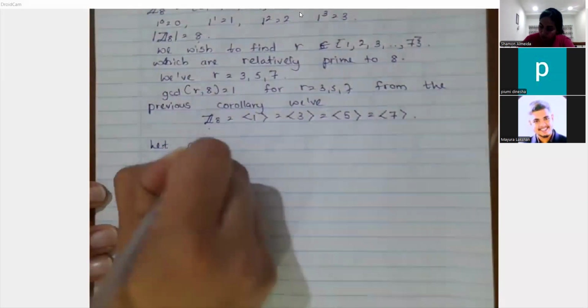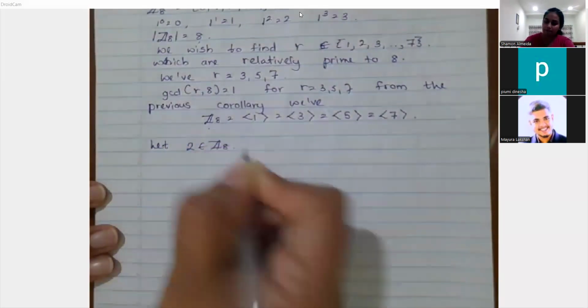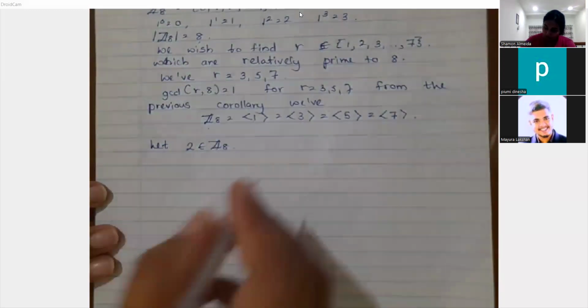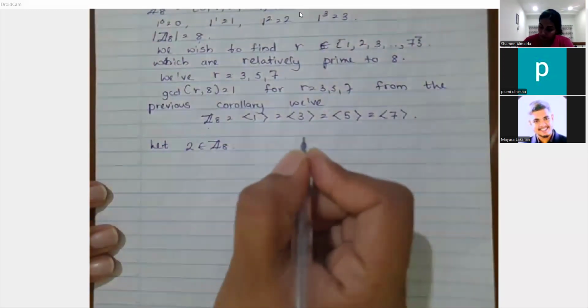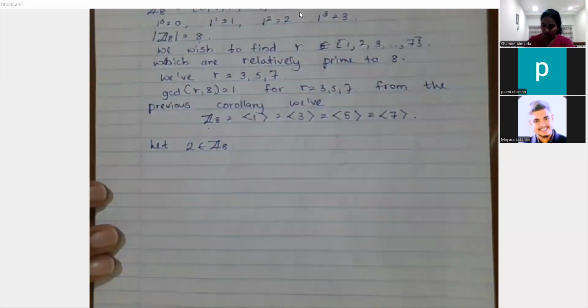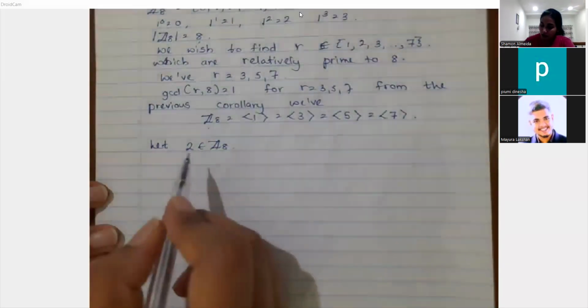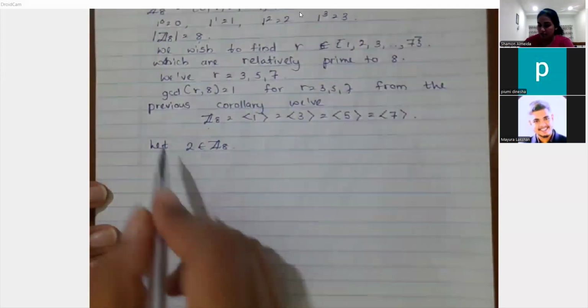Let 2 be an element in Z8, right? Now, what is the order of the subgroup that is generated by 2?